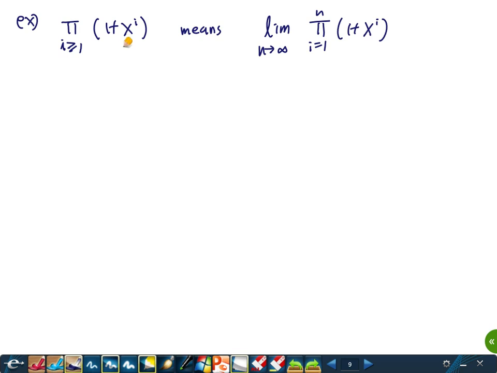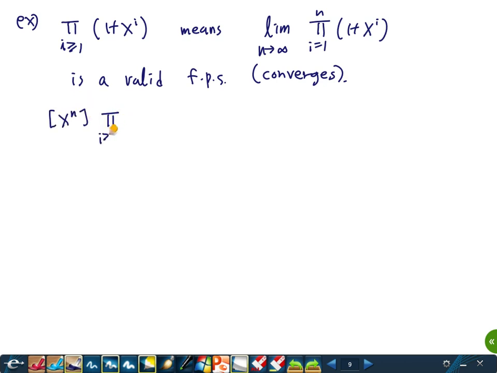We can compute the coefficient of x to the n in finite time. This is a valid formal power series, meaning it converges. Why? In order to check that this is a valid formal power series, all you need to do is to see whether you can compute this.